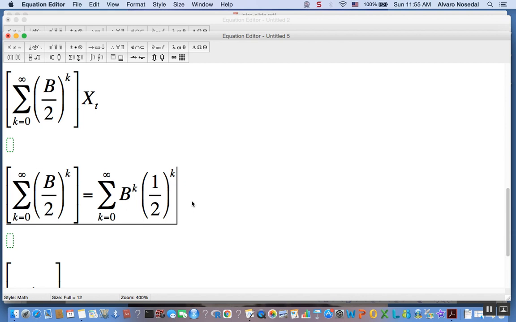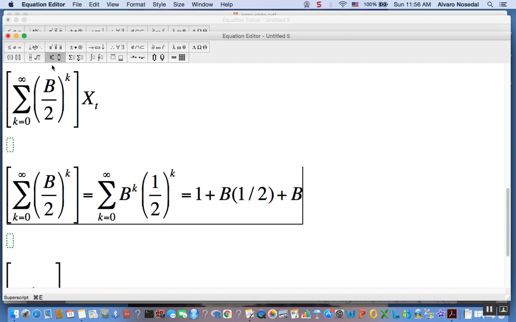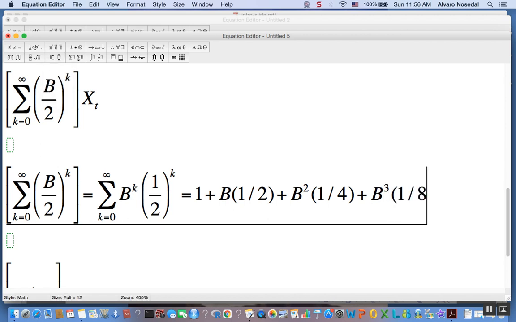Agreed? Now let me expand this. This would be 1 plus b applied to 1/2, right? That would be the first term, plus b squared applied to 1/4, plus b cubed applied to 1/8, and so on.